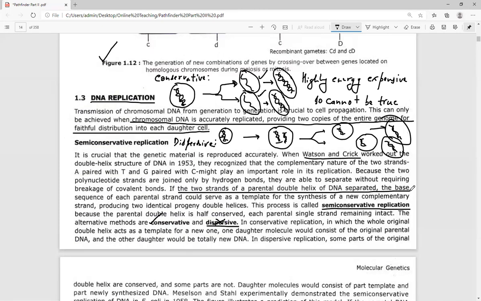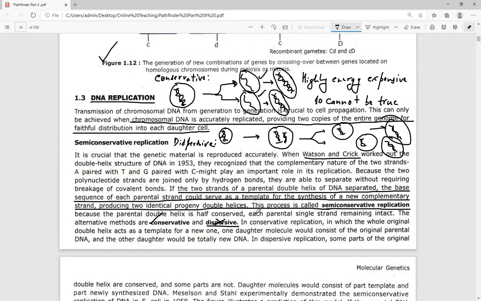The bases on one strand are complementary to the bases on the other strand. The base sequence of each parental strand could serve as a template for the synthesis of a new complementary strand, producing two identical double-stranded progenies. This process is called the semi-conservative model of DNA replication.